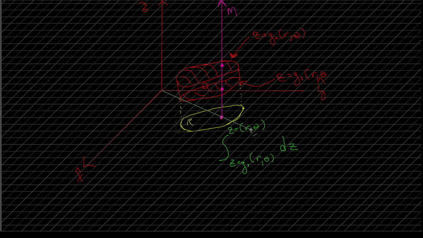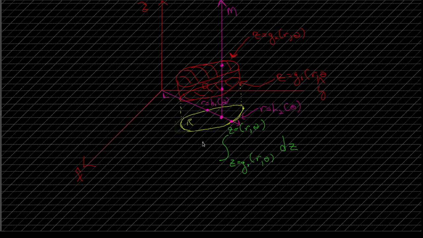We'll call this ray L. It's going to hit the region on the xy plane at some r equals a function of theta, and it's going to leave at some r equals another function of theta.